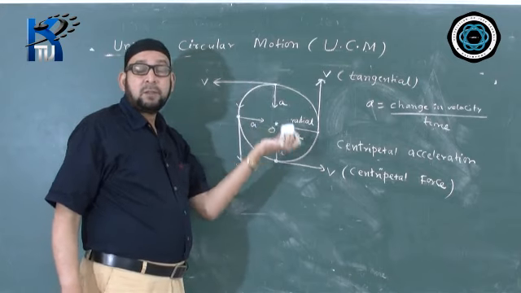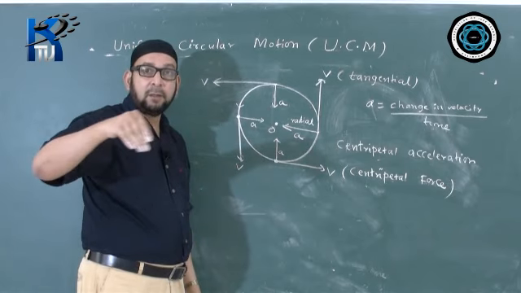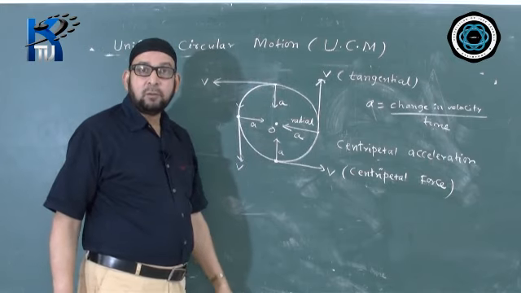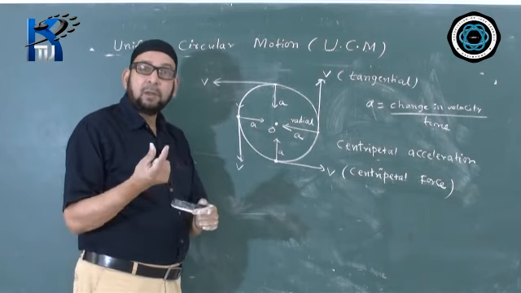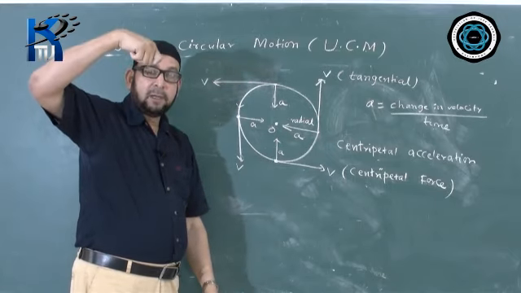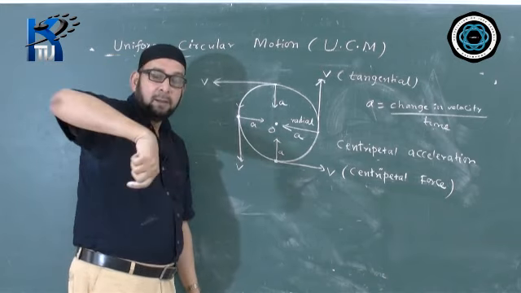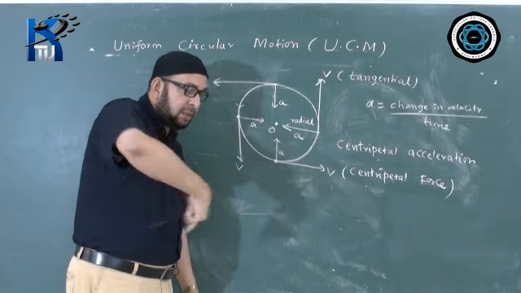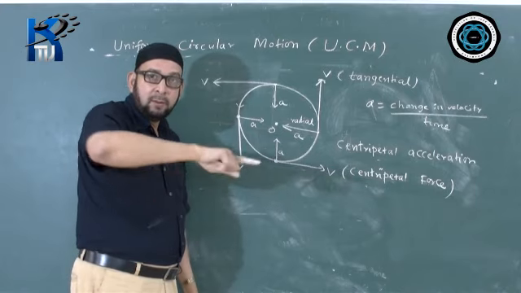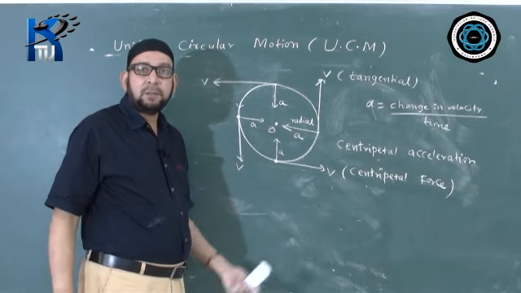Electrons revolve around the nucleus of an atom continuously with a constant speed, so that is also an example of uniform circular motion. We take a piece of stone tied to a string. One end is tied to the string, and the other end we are holding and whirling it horizontally this way. What kind of motion is that? That is also uniform circular motion. So these are examples of uniform circular motion. We have many examples in our daily life.